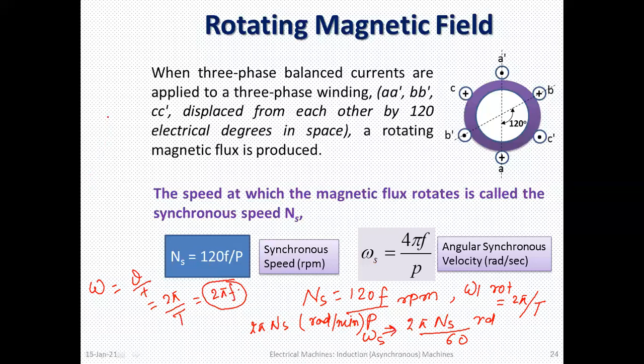Omega s will be equal to 2 pi divided by 60 into ns, which is 120 f by p. So we can convert it: 2 and 2 is 4, so 4 pi f by p. So the speed in radians per second will be 4 pi f by p, or in rotations per minute 120 f by p. Okay, so later we will see in another video and next topic.